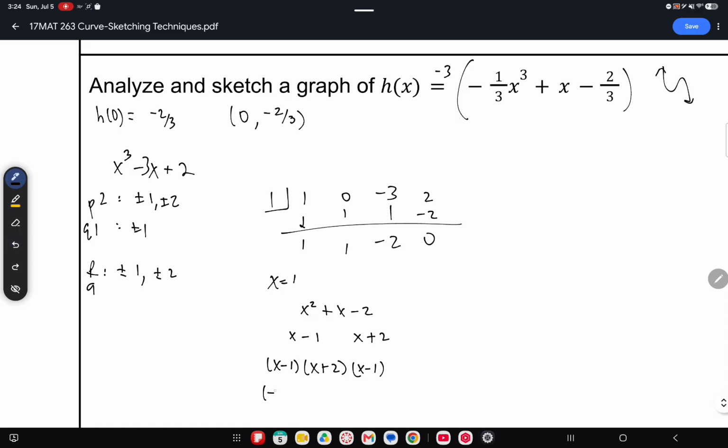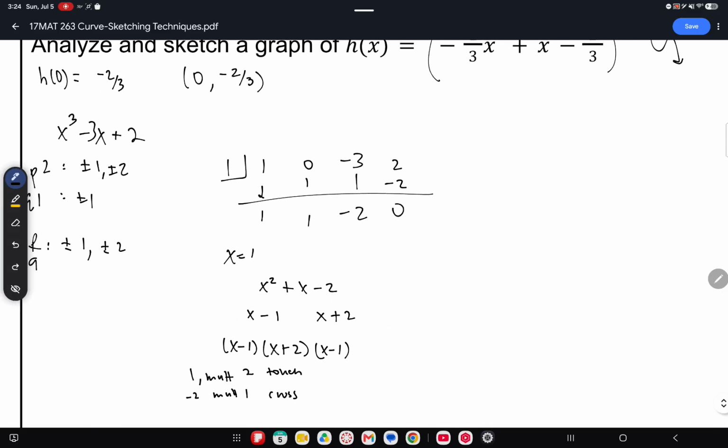So, alright, we have really 1 with a multiplicity of 2 and -2 with a multiplicity of 1. So we touch the axis here, but then we cross the axis here.